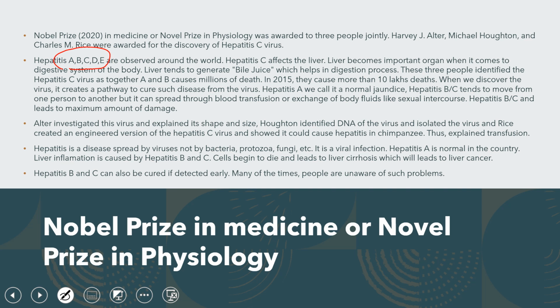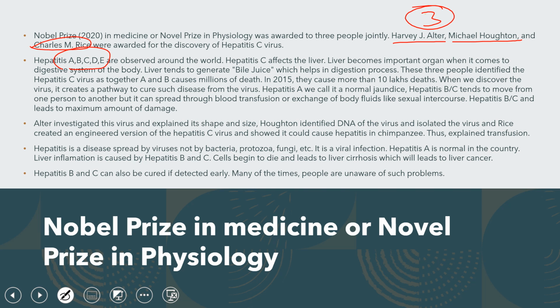It was not divided; it was jointly collaborated among the 3 people: Harvey J. Alter, Michael Houghton and Charles M. Rice. If you are preparing for the UPSC exams, you don't have to remember these 3 names, but if you are preparing for the state service exams, then you have to remember them.